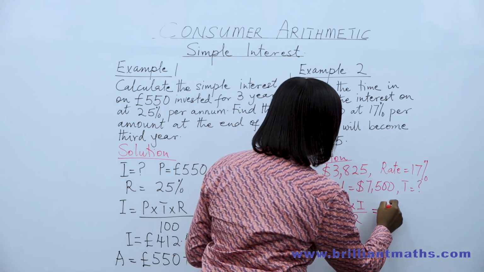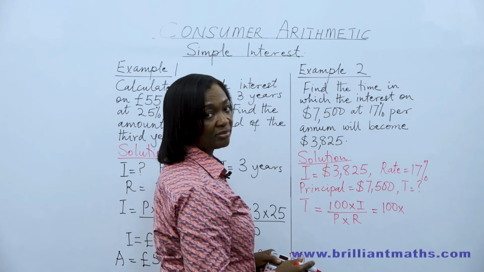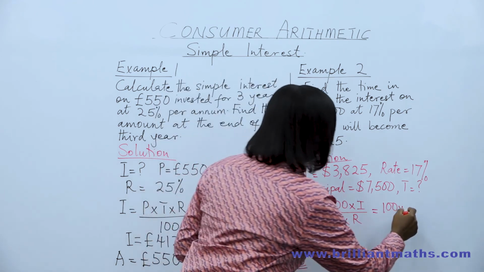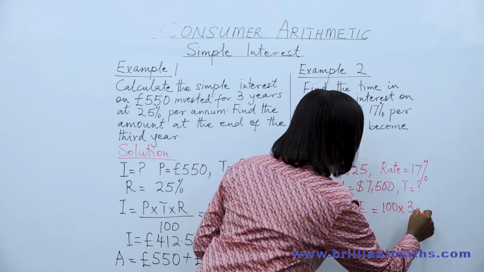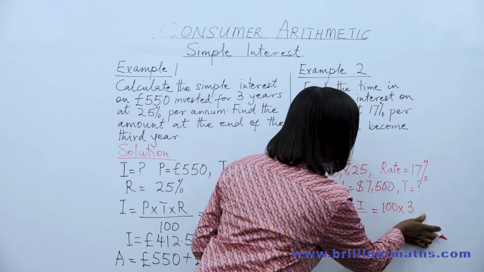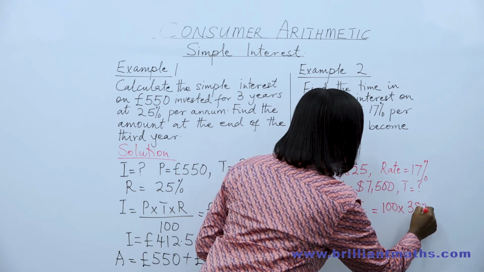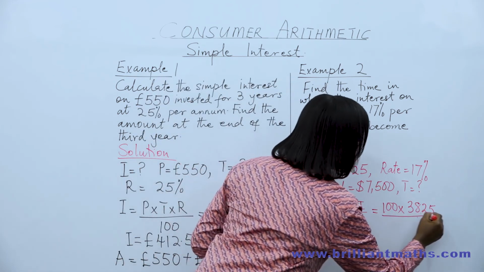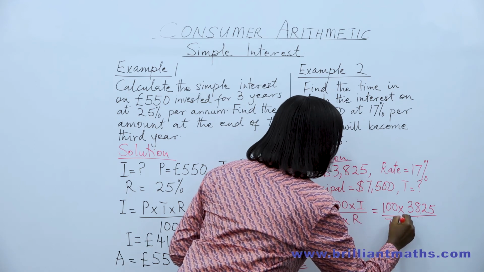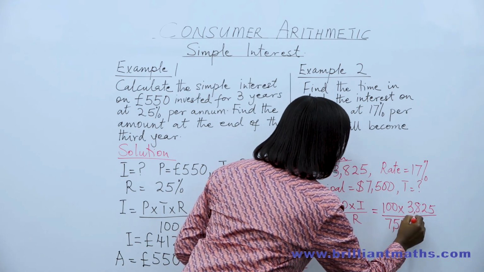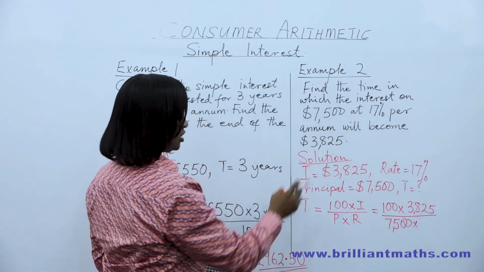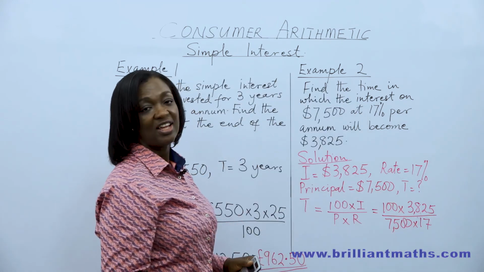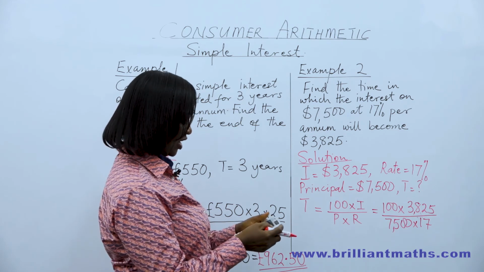So 100 times, the interest is 3,825. The principal is $7,500. And then the rate is 17. So let's input this into the calculator and see what we get.